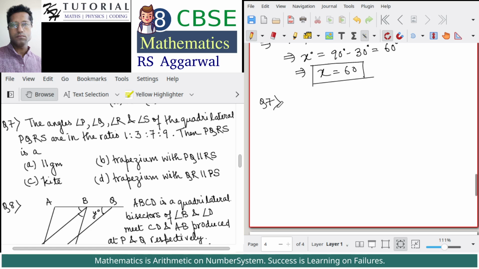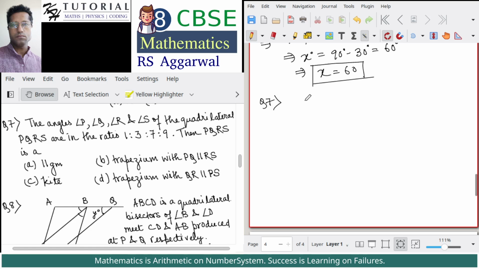What is its shape? Is it a parallelogram, kite, or trapezium? The ratio of all the four angles is given in a quadrilateral, and we know that the sum of all the angles in a quadrilateral is 360 degree. We can easily find all the angles, and based on the angles we have to identify the quadrilateral.